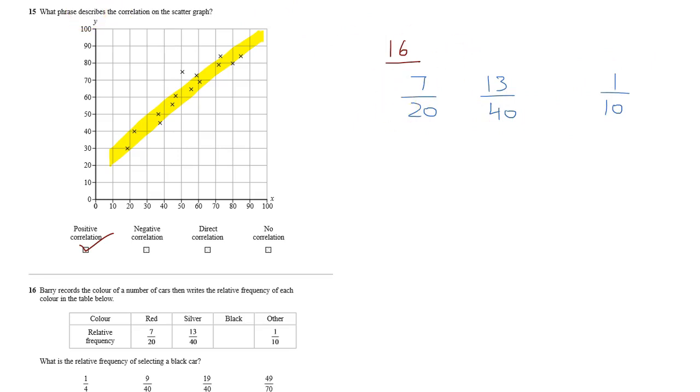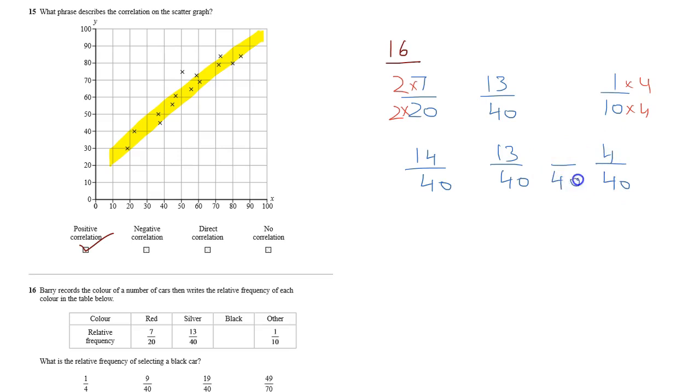So we multiply this by 2 and this by 4. Now the frequencies are 14/40, 13/40 and 4/40.